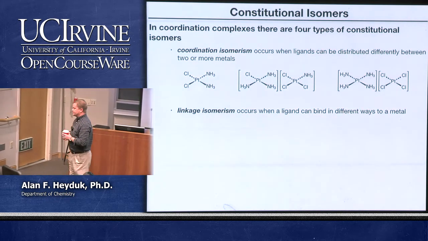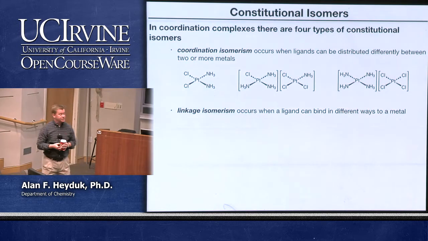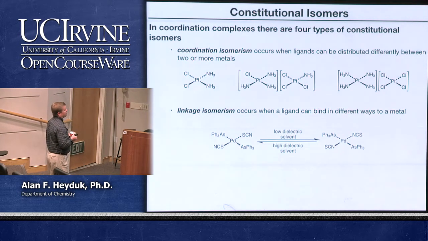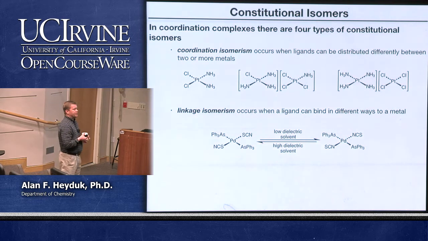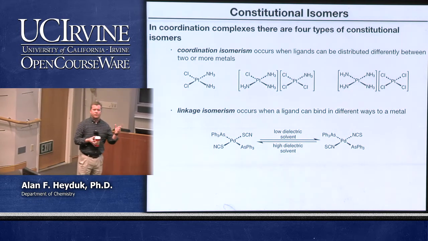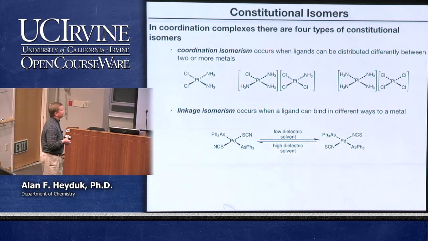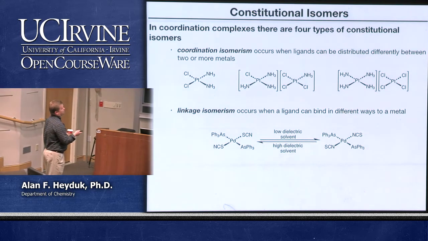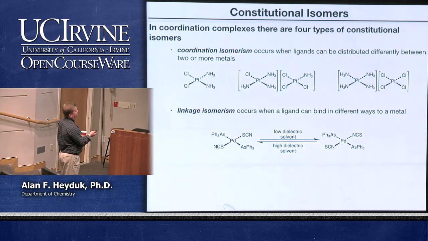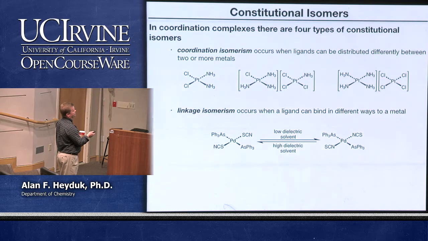Perhaps the most interesting, at least to me, of the constitutional isomers are the linkage isomers. And this comes about because certain ligands can bind in 2 different ways. Okay? And so, in this case, we have a palladium with 2 thiocyanate ligands.